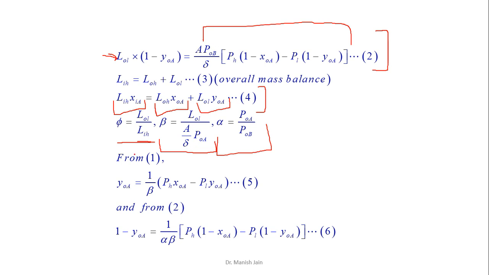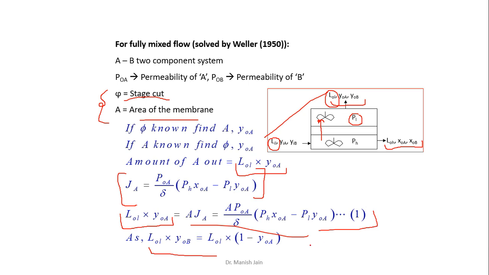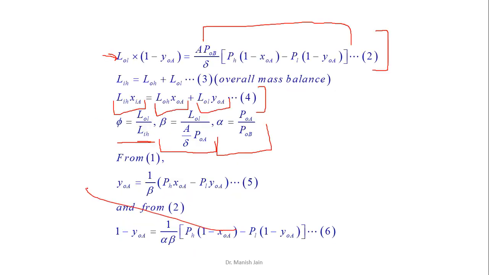So after defining these three parameters, first we substitute the value of beta in equation 1. So what is equation 1? This is equation 1. Here we just replace A POA divided by delta by beta. So you will get YOA equal to 1 minus beta PH XOA minus PL YOA.